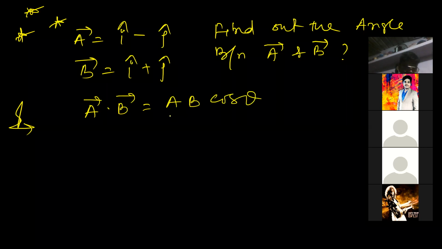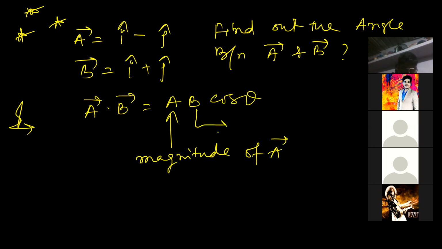Here A is the magnitude of A vector, and B is the magnitude of B vector. Whenever I have to find the angle, I need cos theta, because this is the only way we can find the angle. If I can find cos theta, then it is very easy to find theta.